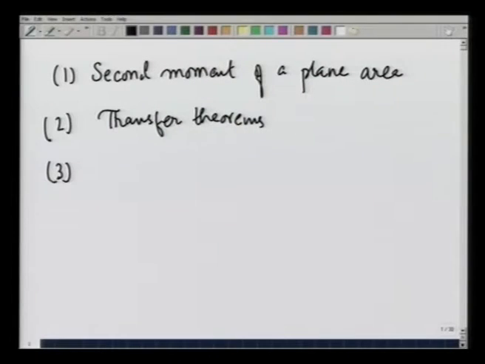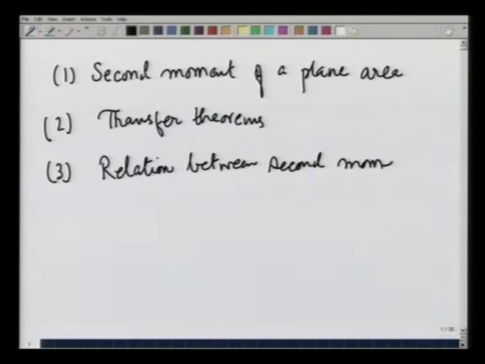3, we will be talking about the relation between second moment and product of area.